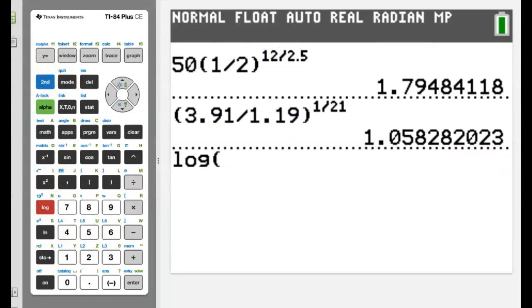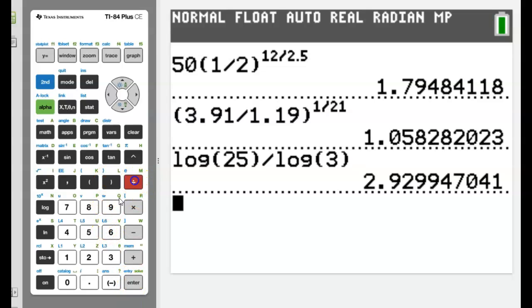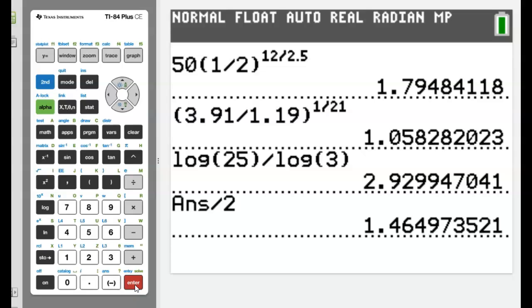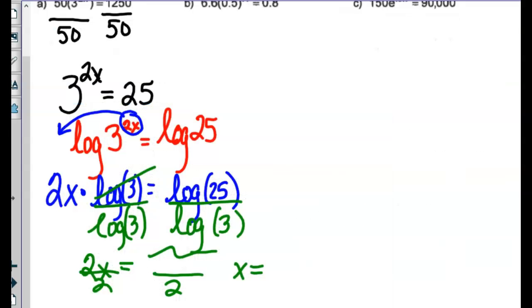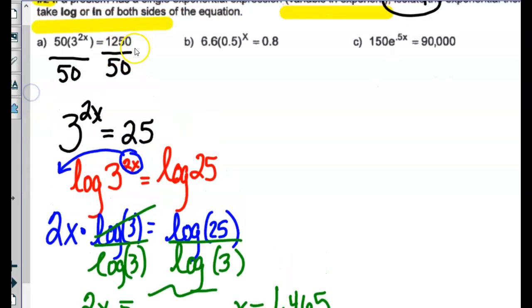So it was log of, anybody, 25 divided by the log of 3? Did I remember right? And then we had to divide it by 2, right? Okay. So 1.465, are we okay with that? Now, if I put 1.465 back in here, am I going to get out exactly 1250?